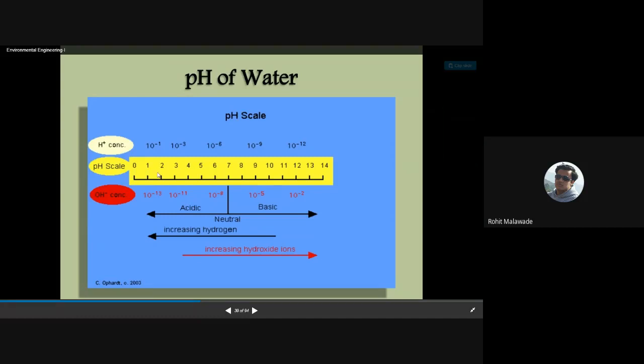So when you come to a number near 1 or 0, it is a strong acid.